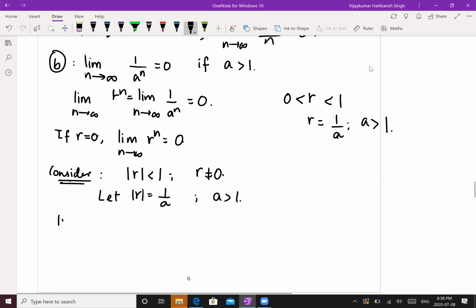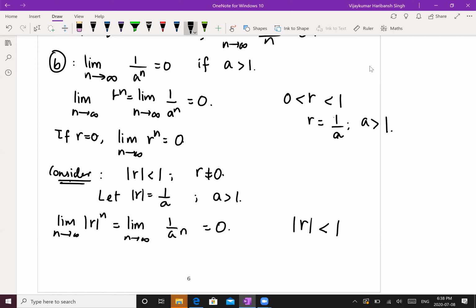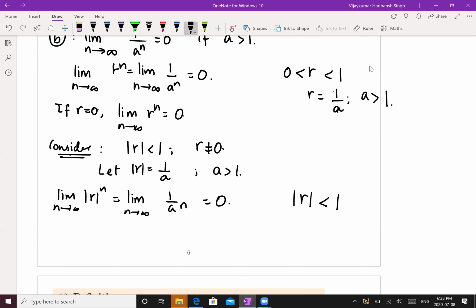So the limit as n goes to infinity of the absolute value of r to the n is the same as the limit as n goes to infinity of 1 by a to the power n, and that is going to be 0. So if the absolute value of r is less than 1, then we get the limit as n goes to infinity of r to the n is equal to 0.